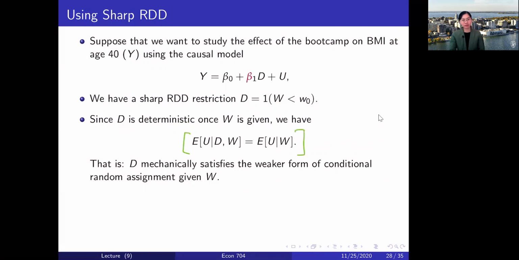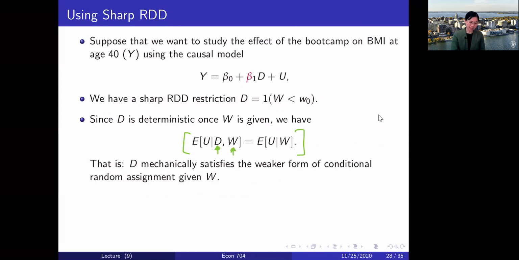Why is this true now? This is true because D is a deterministic, a non-random function of W. Once W is given, D is either 1 or 0. D is no longer random. Therefore, we do not need to condition on D anymore once W is given.